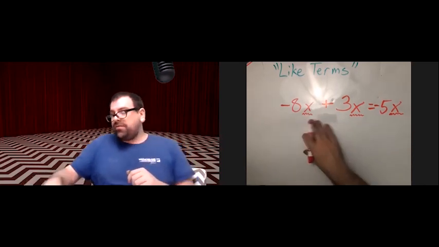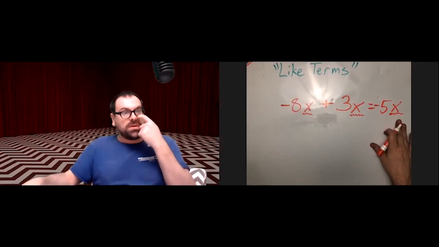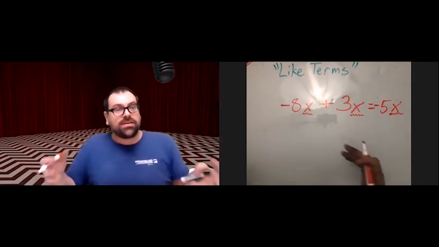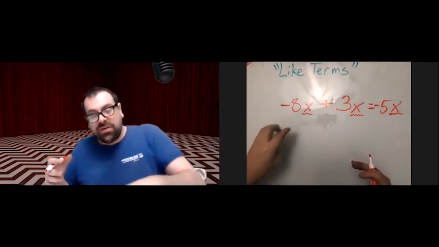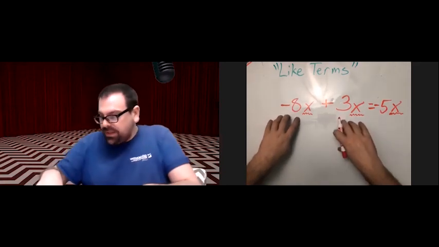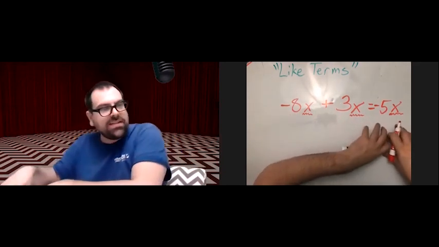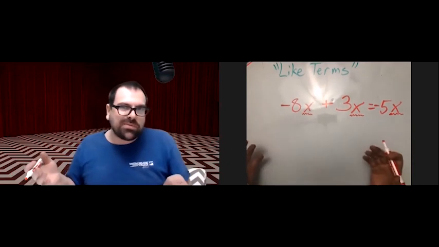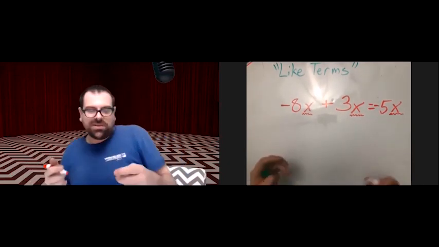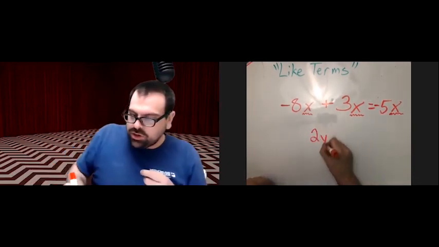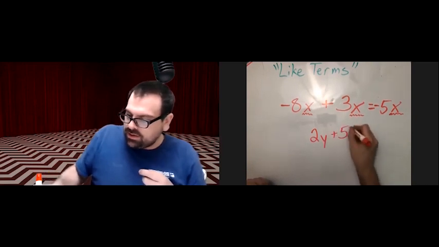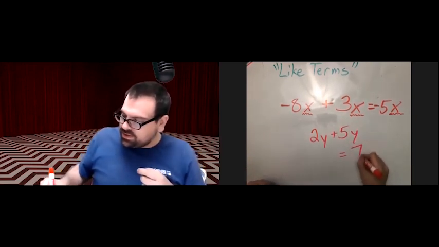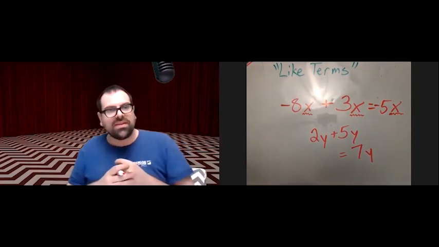It's okay if you want to think about the variables as things. If I have negative 8 things and I add 3 things, then I have negative 5 things left. It makes more sense when you're just talking positive numbers. 2 things plus 5 things is 7 things. In this case, the things are y's.